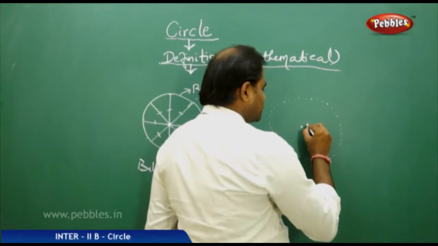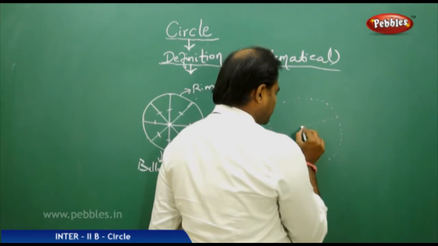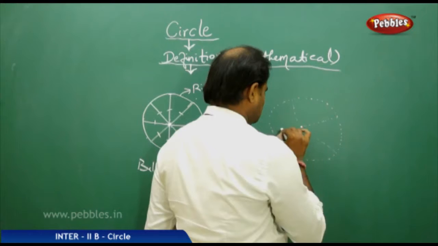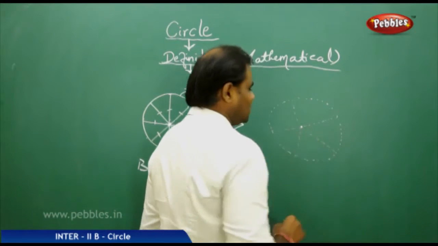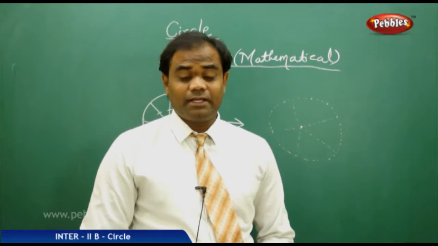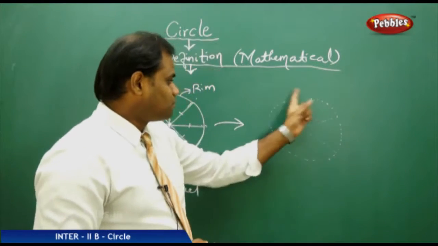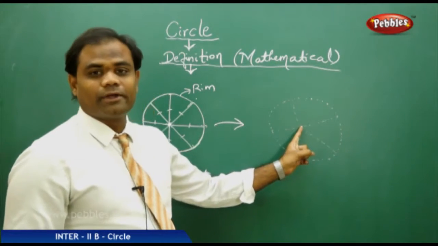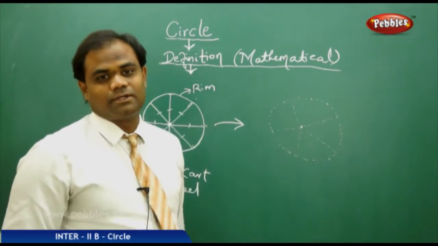Therefore, any point I take from the fixed point to this, this, this, or this are equidistant. Therefore, in the mathematical sense, I define a circle as the set of points in a plane which are equidistant from a fixed point, which is called the center of the circle.